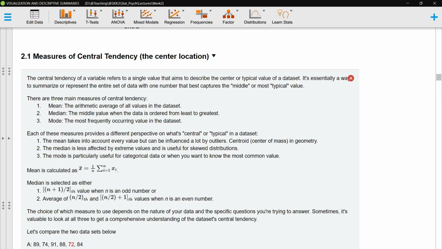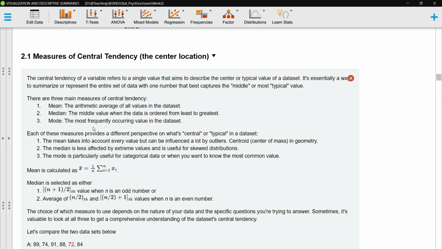So it's in the middle in terms of the amount of the values. And the mode is the most frequently occurring value in the data set. We know the mode in terms of the categorical variable, the category with the most frequent number of observations. That is the mode of the categorical variable.